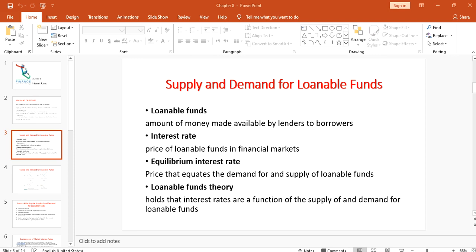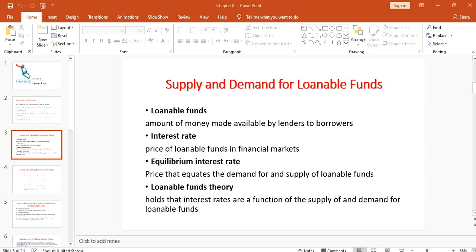We have been talking about financial markets. It's a place where lenders and borrowers can meet and get to an agreement about borrowing and lending loanable funds, lending money, lending cash, in the financial markets.